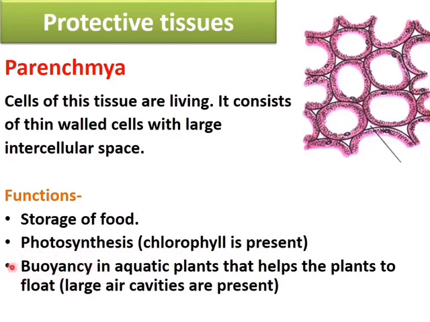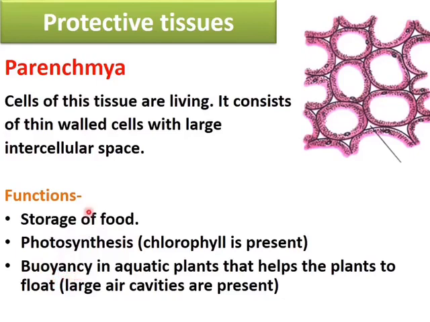So these are all the functions of parenchyma tissue, that it stores food, minerals and all the nutrients. Then it helps in photosynthesis because it contains chlorophyll, and then it gives buoyancy to the aquatic plants so that the plants may float in water, and it is due to the air cavities present in between the cells. So this is all about the parenchyma tissue.